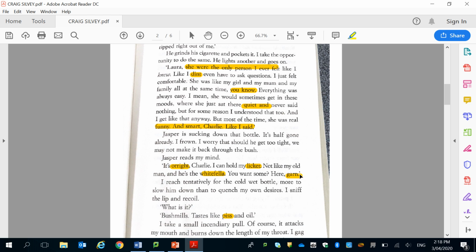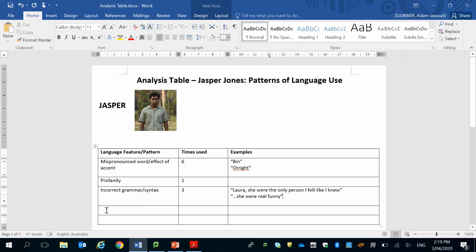What about this one here? "White fella." So that's the use of colloquialism and slang, isn't it? Okay, and it's a word that is used a lot in Aboriginal Creoles, or Aboriginal English. Aboriginal Englishes, I should say, because there are many Aboriginal Creoles right around the country.